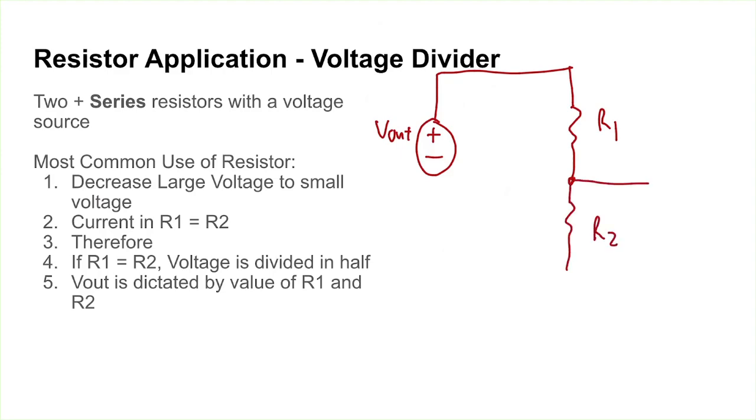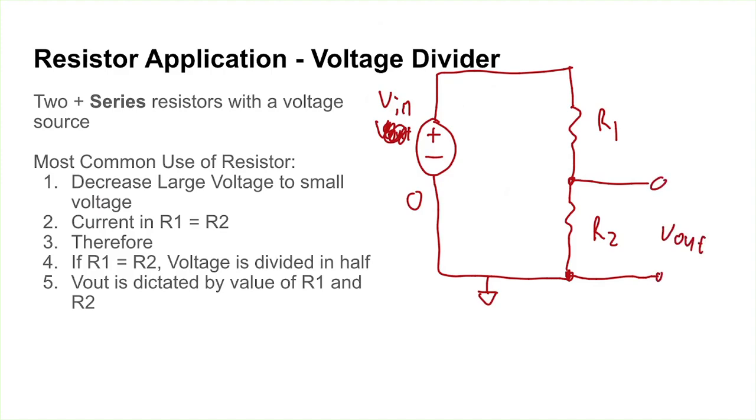And then we'll just call this our ground or our reference, or 0, right? And then reference from 0, we're going to have some V out. This V out is equal to V in times R2 over R1 plus R2.